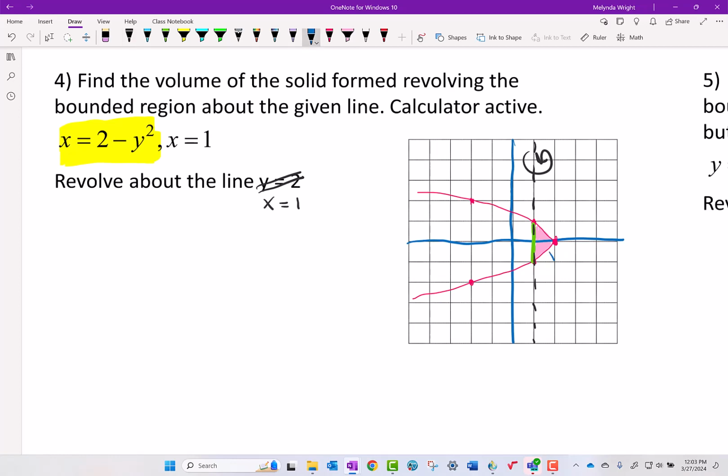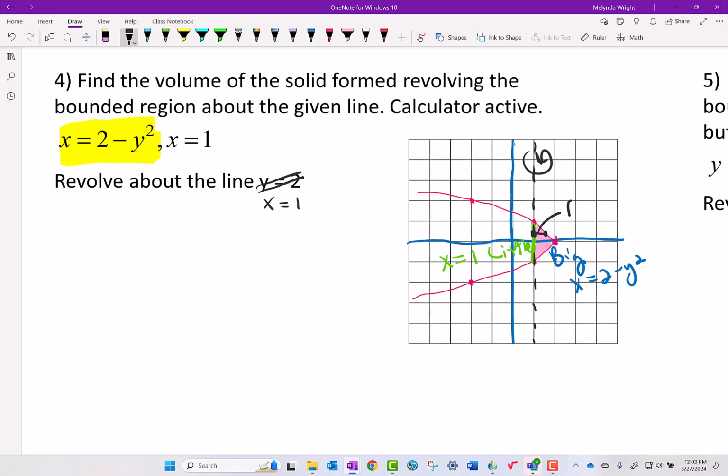So big is going to be to the right. This is big over here. Big is x equals 2 minus y squared. All right, that's big. Little is the green one, right? Little is to the left, so this is little. And little is x equals 1. So R would be like this, like from here over, right?